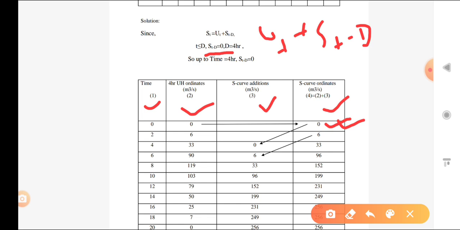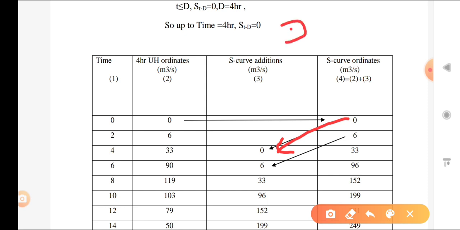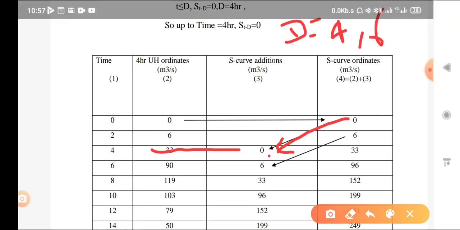Where that 0 will go depends on the duration of the given unit hydrograph. Here the duration of the unit hydrograph is given, D is equal to 4, so that will go to the 4. Suppose 6 is given, then that 0 will go to the 6.